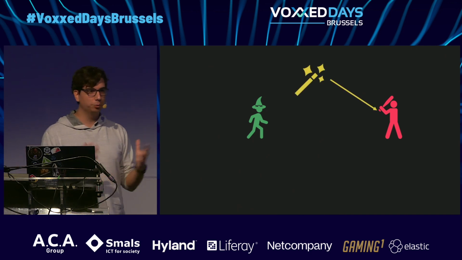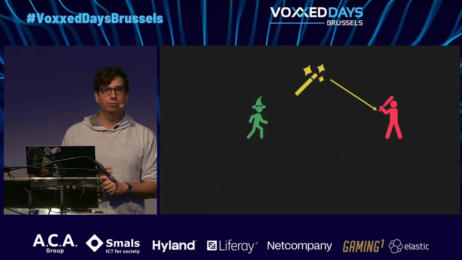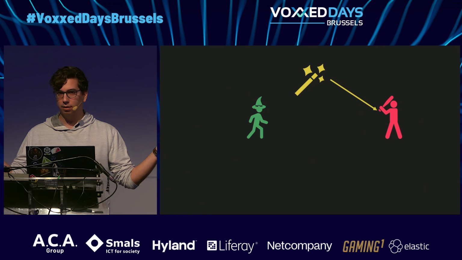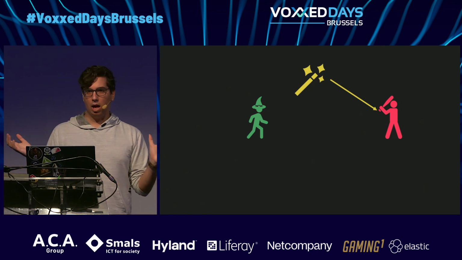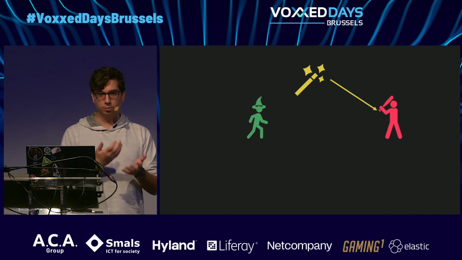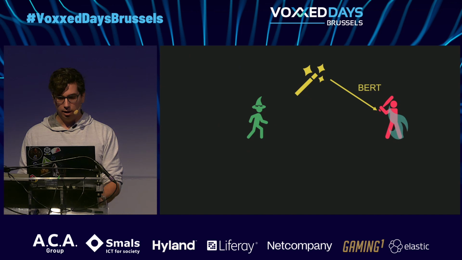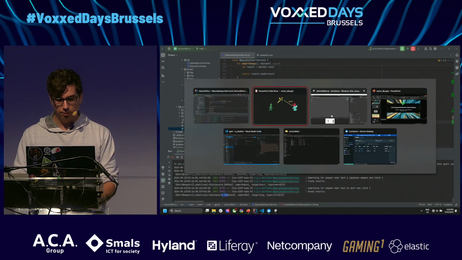He has no idea which spells he knows and which spells he doesn't know. So we're going to help him by querying for spells. So I put all the spells in the Dungeons and Dragons Player's Handbook. I put them in the vector database, and then we're going to query for that and see what we can find. And again, through a BERT model, hopefully we'll find something that can save him. All right.